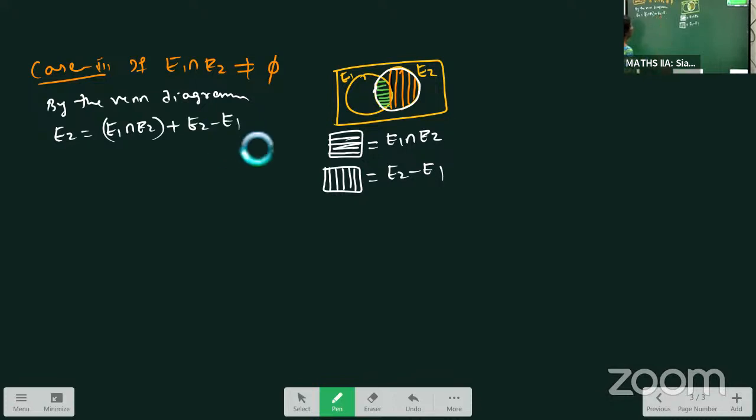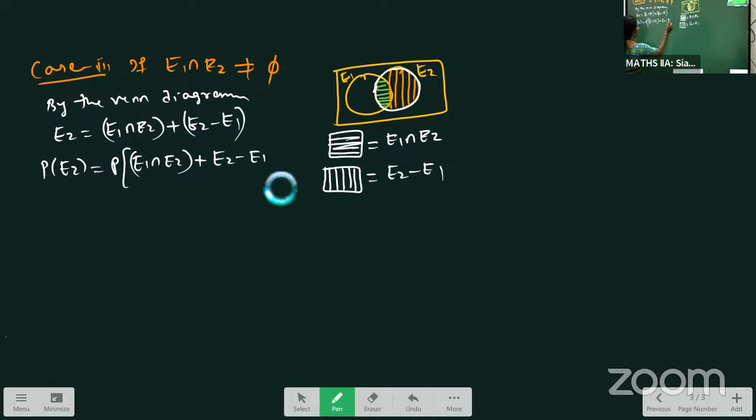Agreed, all of you? Apply probability. P of E2 is equal to P of E1 intersection E2 plus P of E2 minus E1.